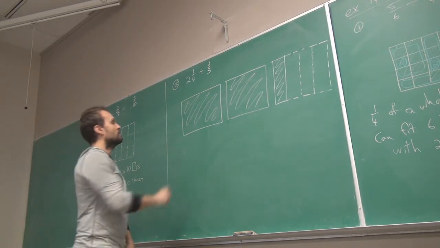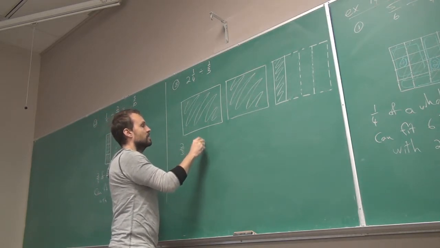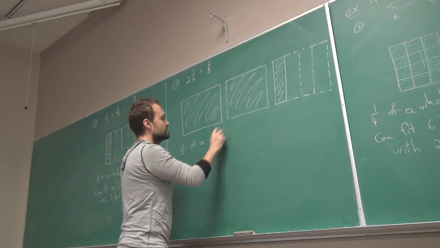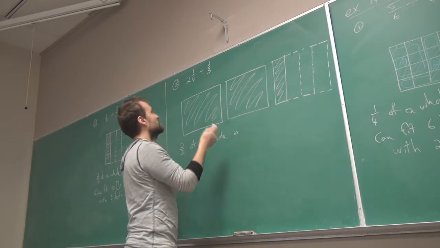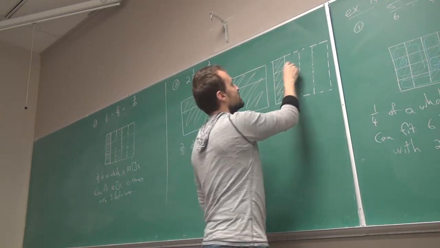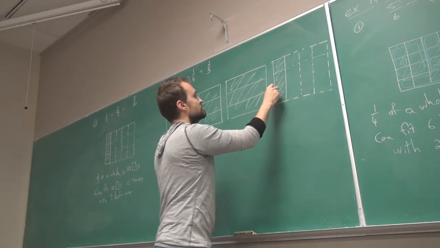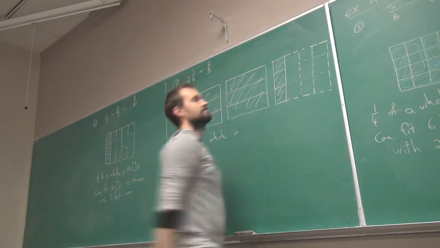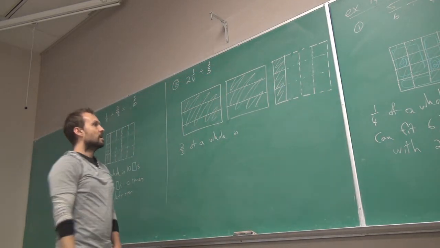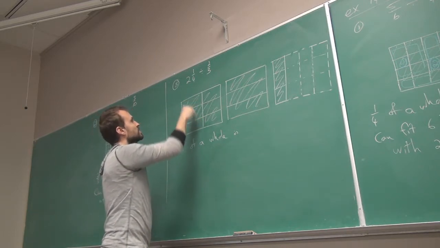Okay, now I'm looking at 2/3 of a whole. What does that represent? Well, I'm going to have to break this up into thirds to see, and I've already used the columns. I should probably do quarters here as well, right?